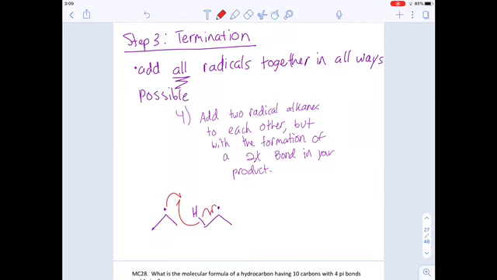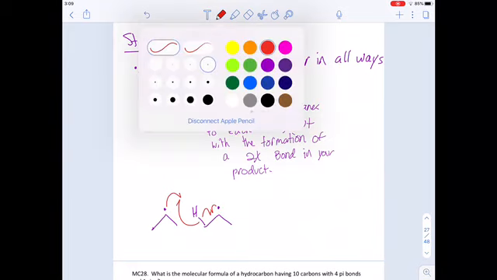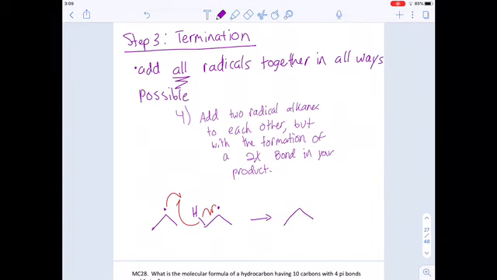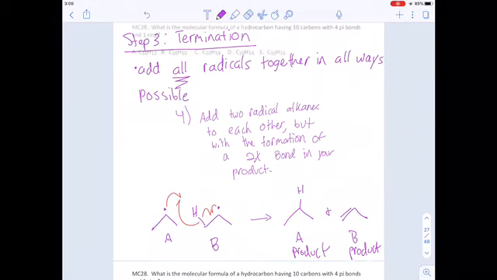So the way it's going to form is like this. One of the electrons from this hydrogen is going to form a bond with this radical, and then one of the electrons is going to form a bond with this radical to create a double bond. Therefore, you get rid of both the radicals. So then you end up with the H here, and a double bond here. So if this is A product, if this is B product, those are the 4 ways that you can terminate a radical bromination.